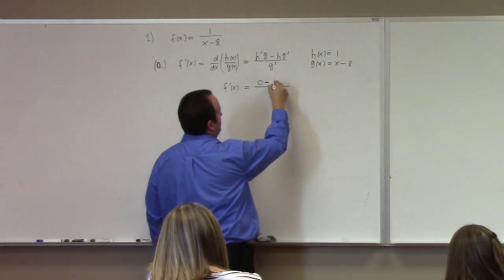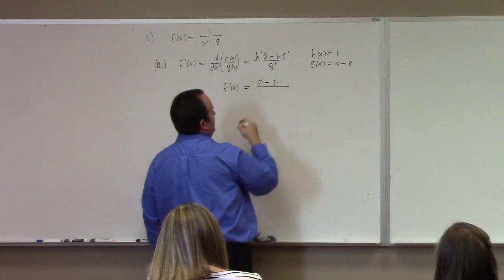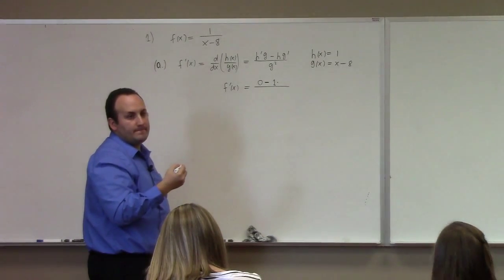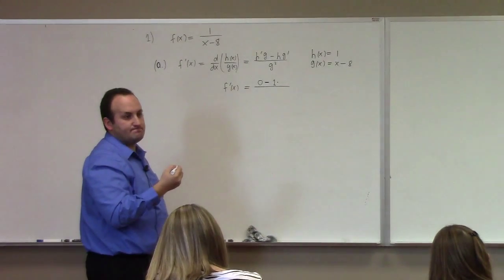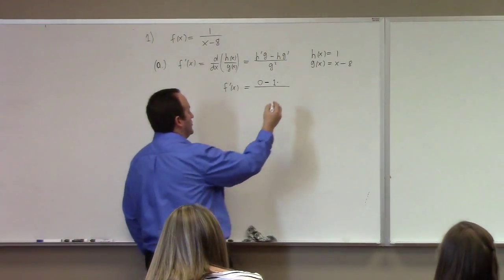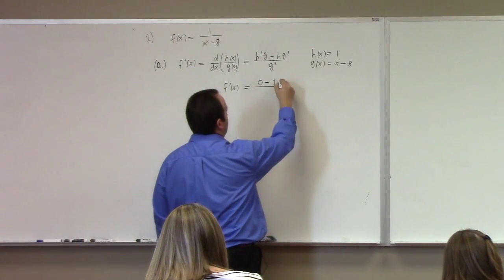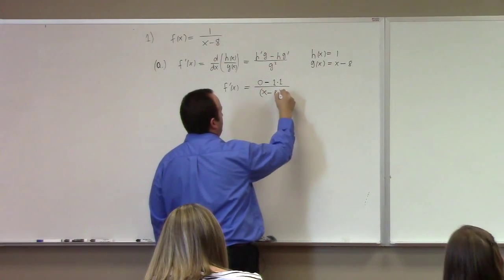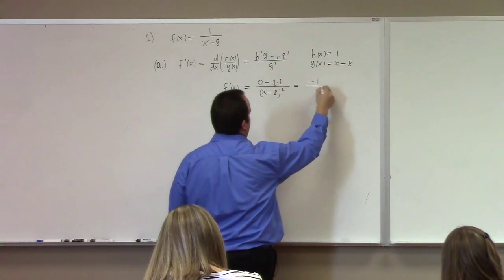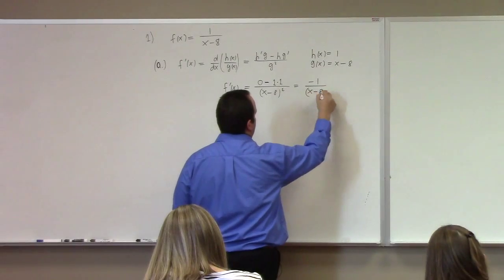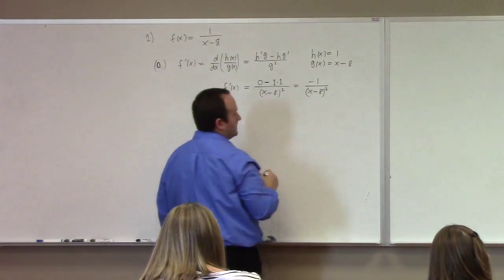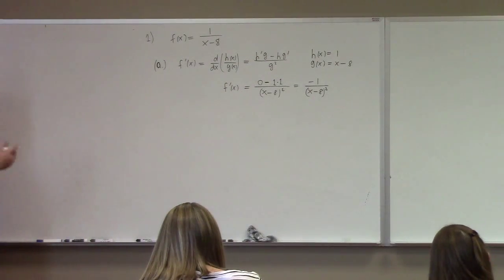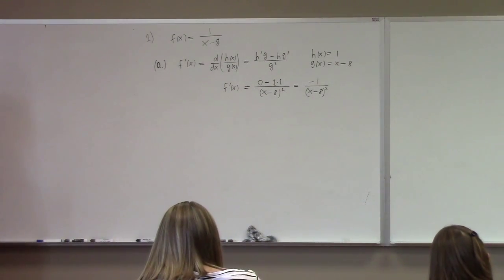Well, h is 1, 1 times g prime. What's the derivative of x minus 8? Yep, 1 again. And then I divide by x minus 8 quantity squared. Aha, so there you have it. Minus 1 over x minus 8 quantity squared is the derivative. There's how to do it with the quotient rule.